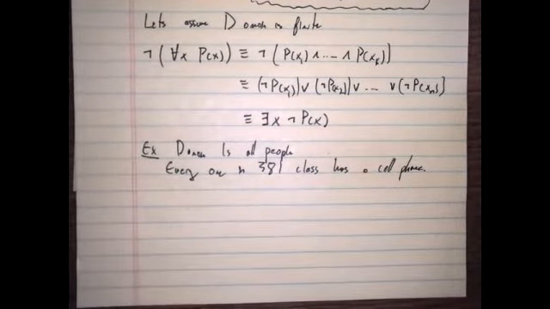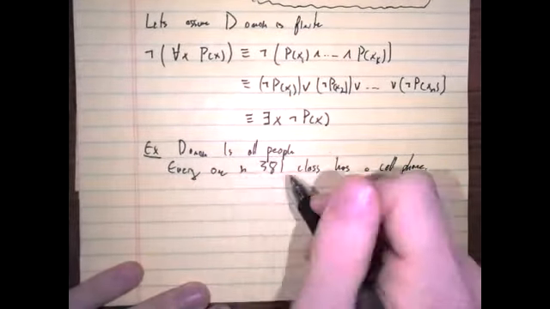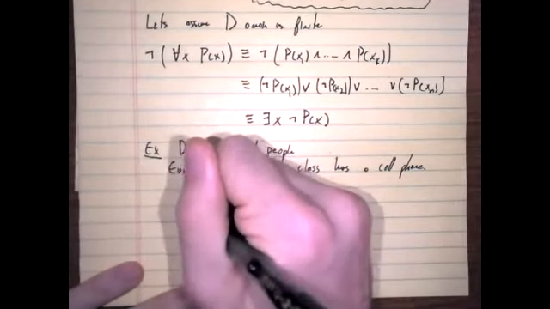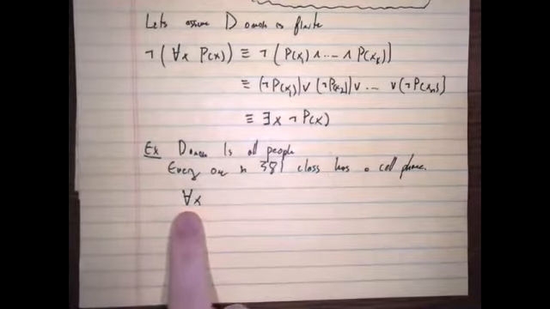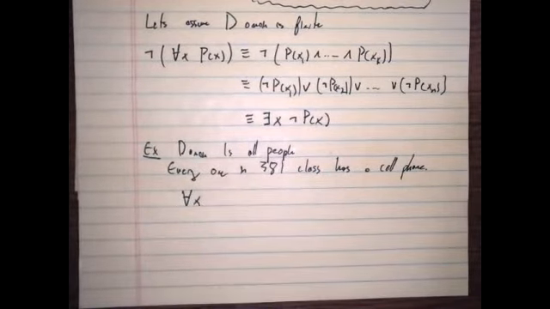How should we translate this into propositional variables? Well, I should start off with for all. There exists won't work because I'm trying to say something about all students in my class. So for all x, but here, this for all x is actually talking about all people. So what should I do here?